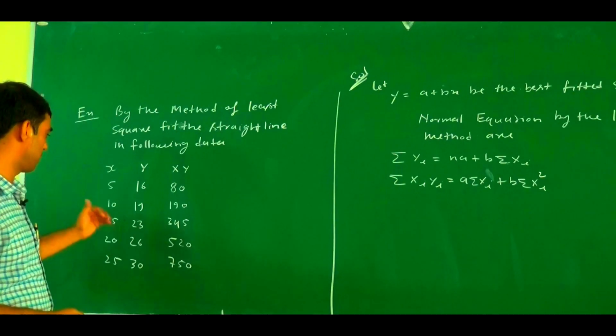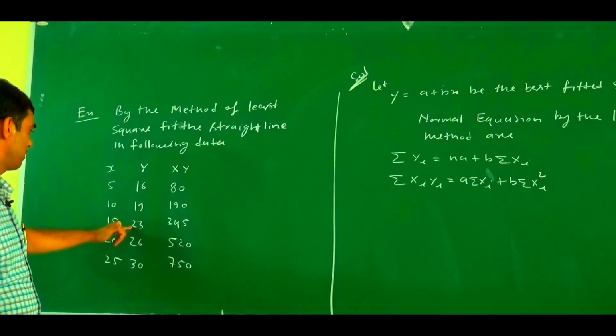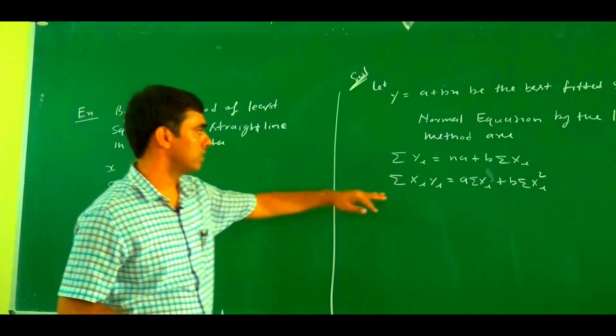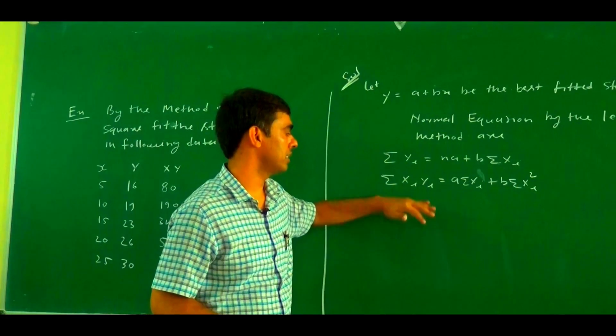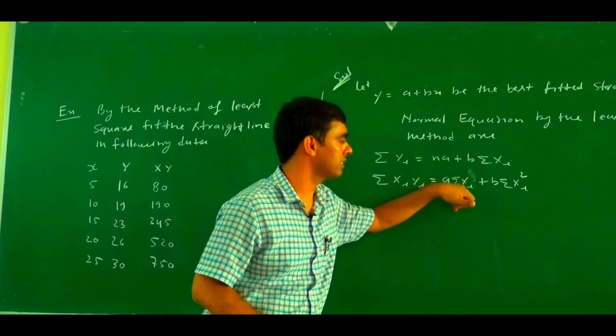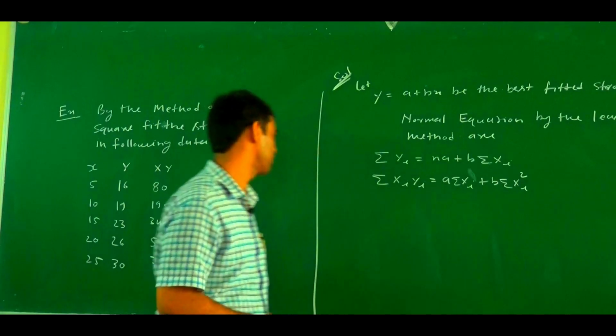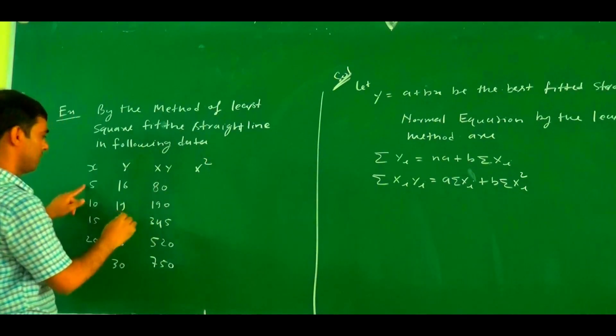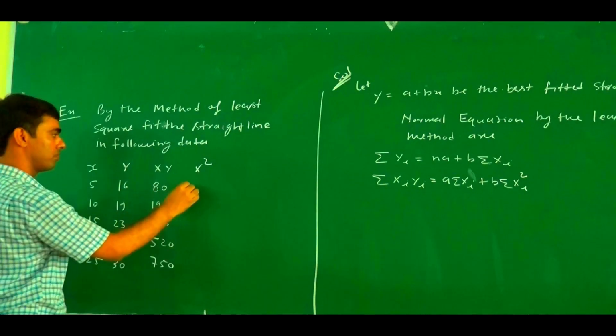Okay, this one is correct. So we find the value of summation of xi yi. What is the next value required? Summation of xi square. So we find the square of x.